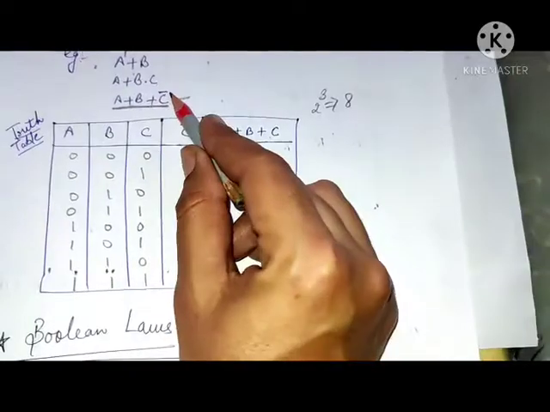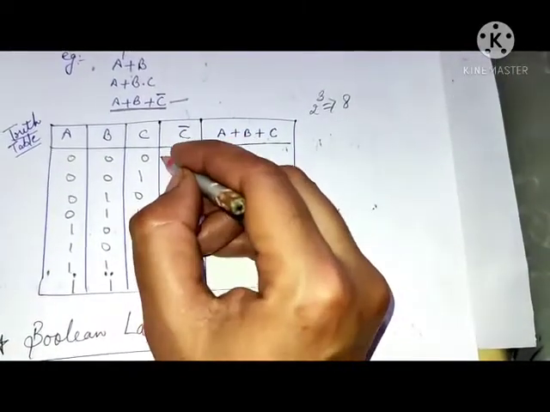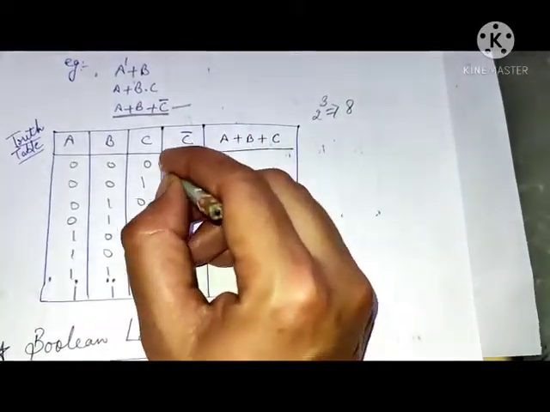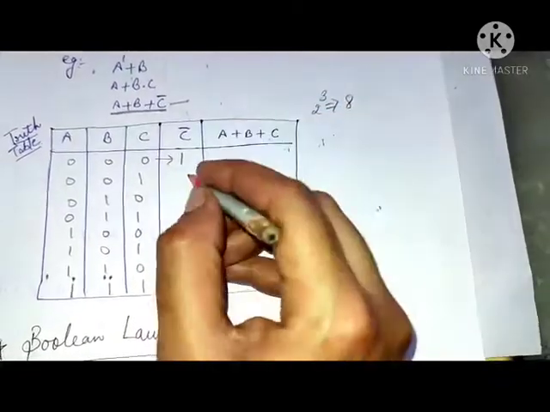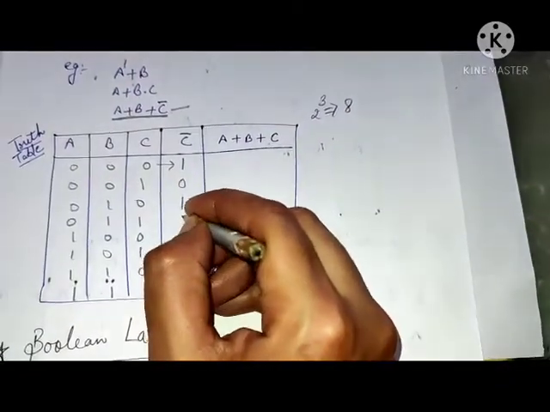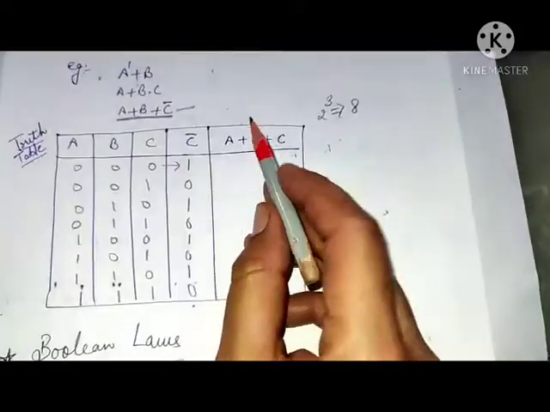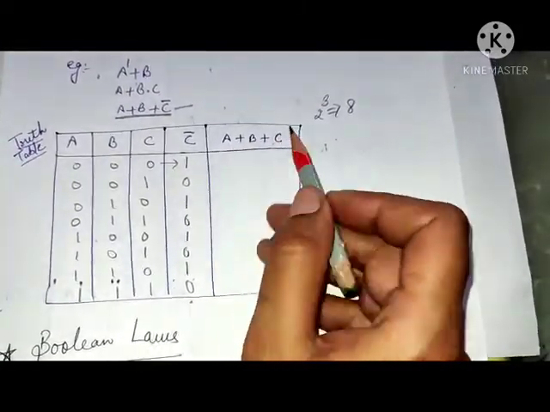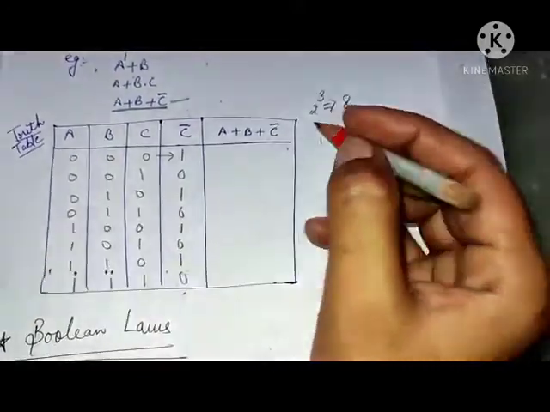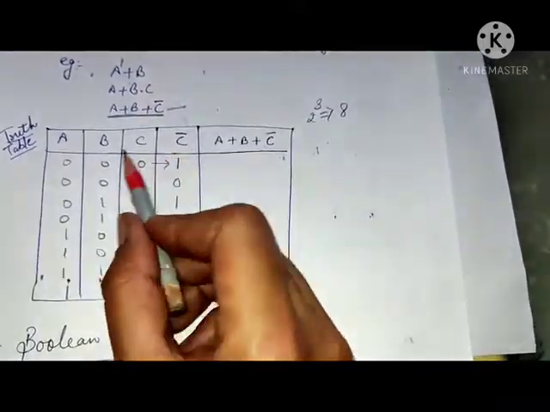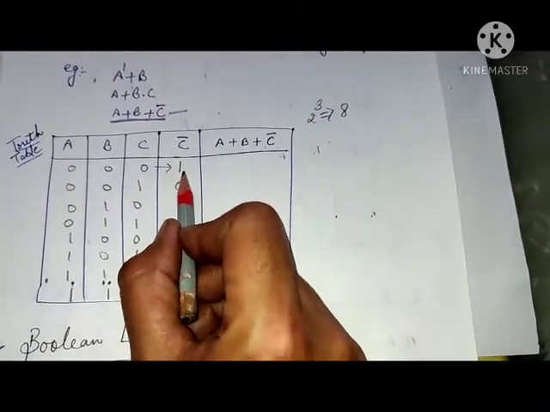Now firstly we have to take C complement. What is C complement, or C logical NOT? 0 is converted into 1, 1 is converted into 0, like this. Now we have to take the logical OR of the 3 variables A, B and C complement.